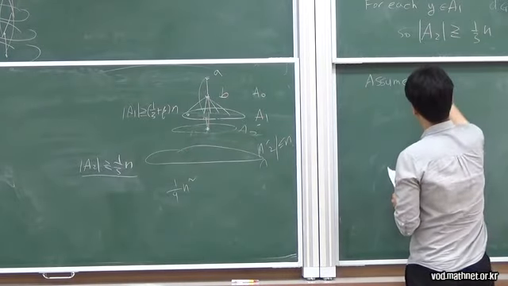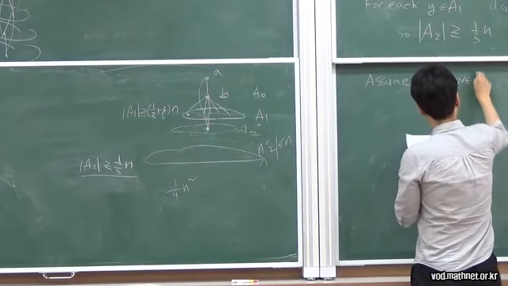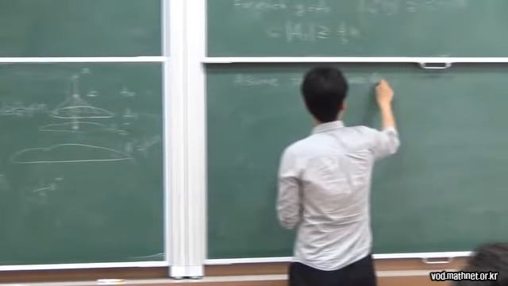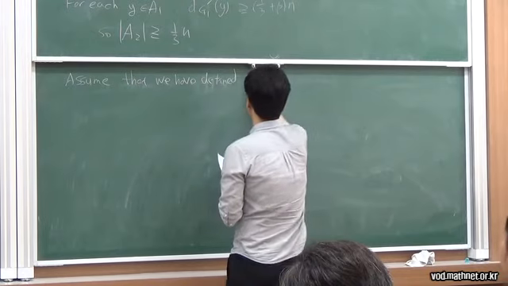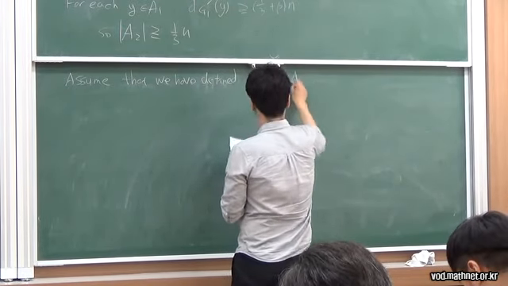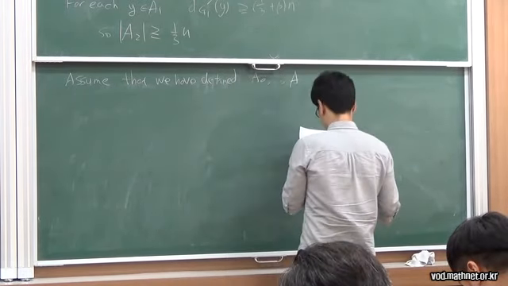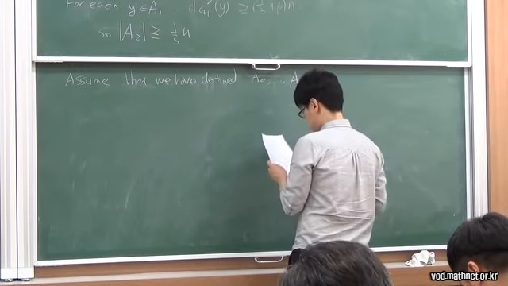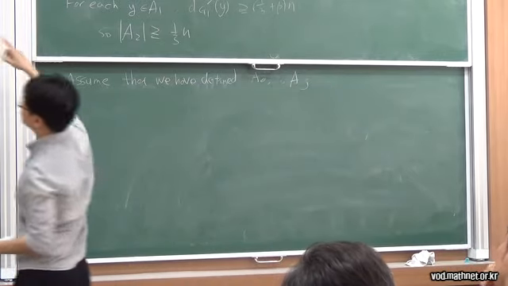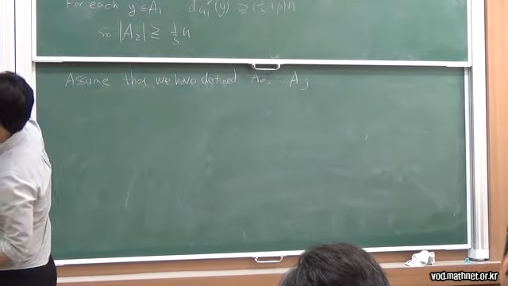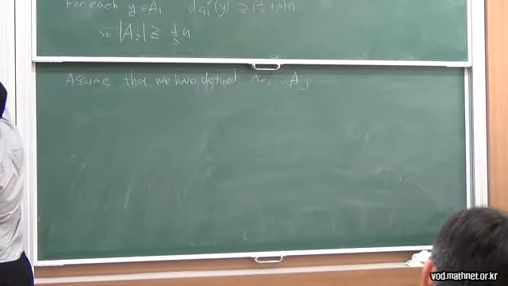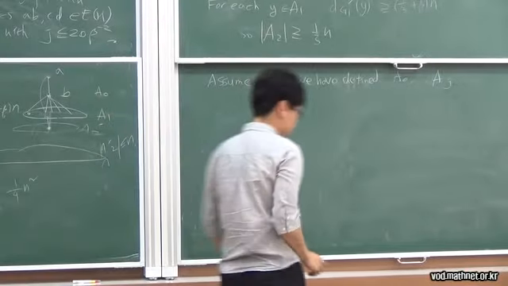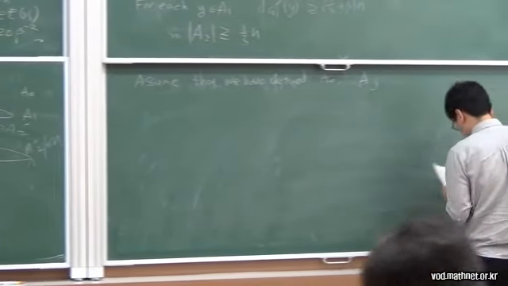So assume that we have defined A0 to, say, A sub J. This J and the J in the statement are different, but this is an arbitrary J we chose.